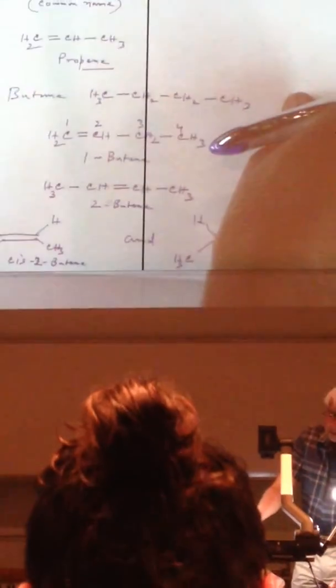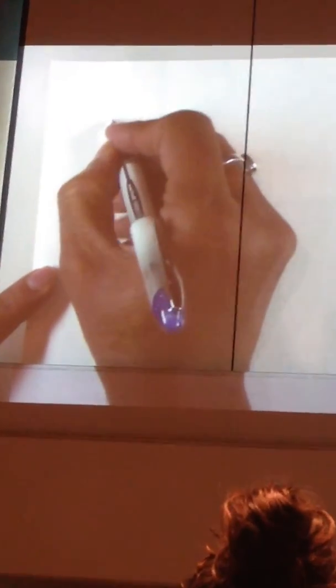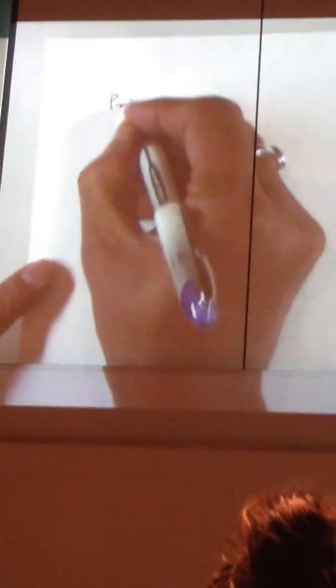Now, if you have substituents there, then you have to also look at the hierarchy of the different groups, in terms of the priorities. The carbon-carbon double bond has a higher priority than the alkyl group and the halogens.